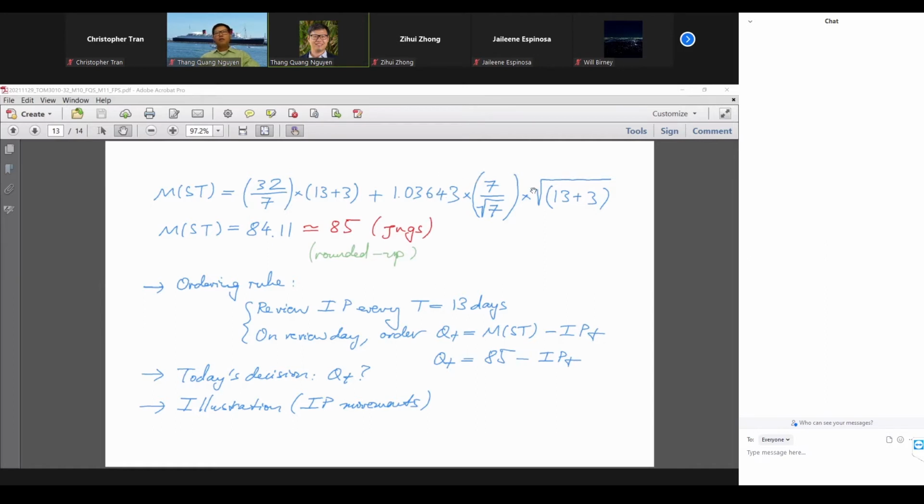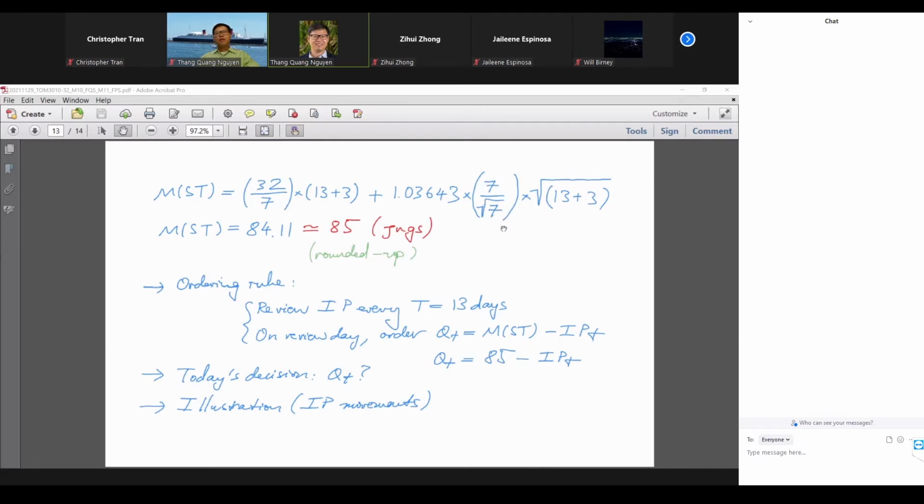And the maximum level is calculated by the last two terms here. So per day, we have this, because the question gives us 7 meal jugs per week. So the 7 on the top here is for 1 week. To convert that to 1 day, you need to divide that by the square root of 7, right? For the same reasons as before on why we have the square root.